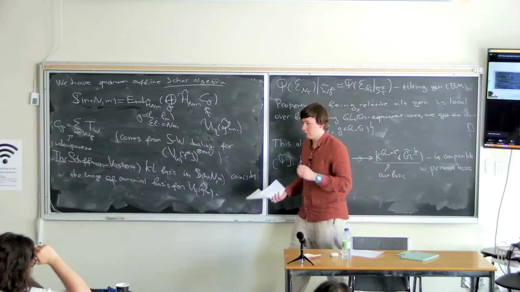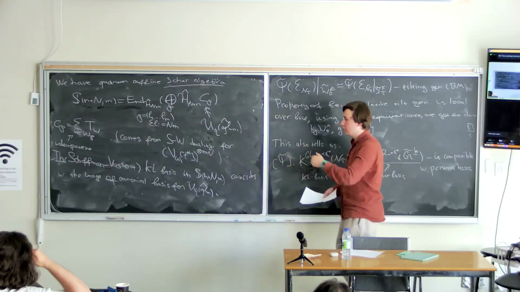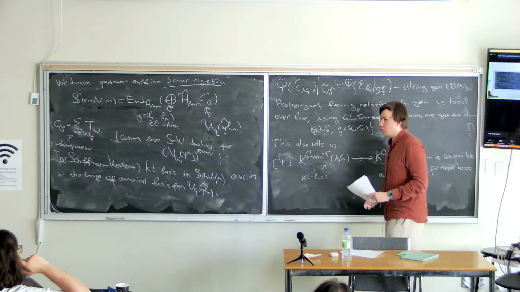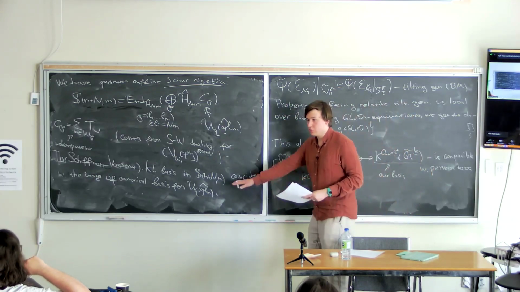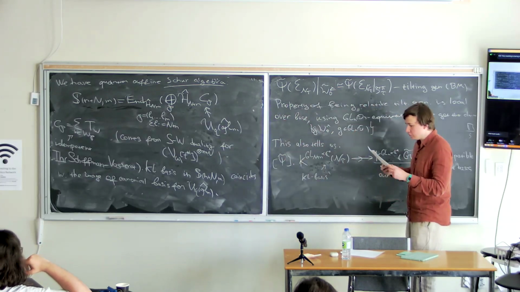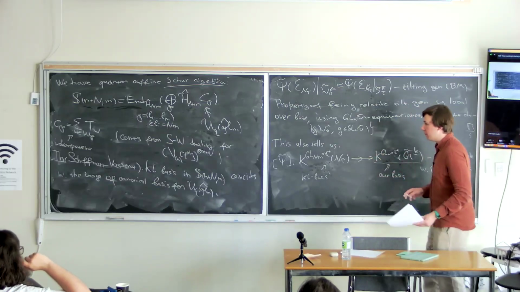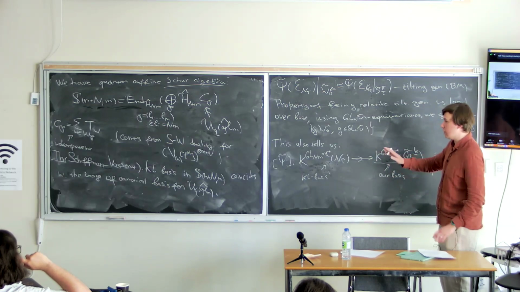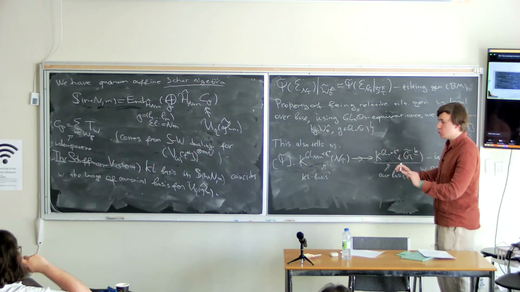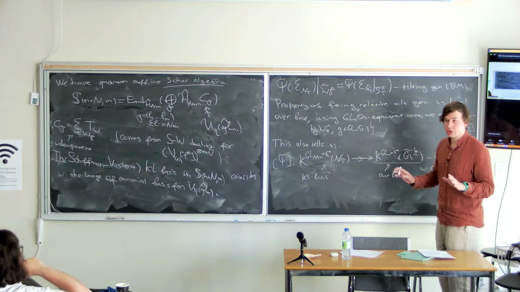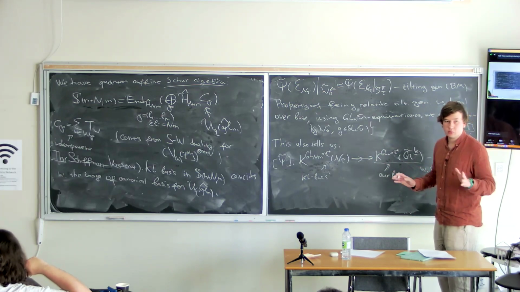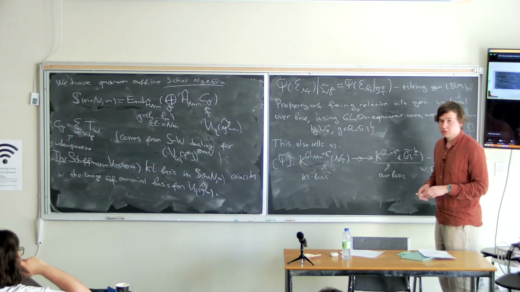So maybe I don't have time for all the details, but the proof goes like that, using this result. Okay, that's all I wanted to say about this part of the story. If there are any questions, then please ask.